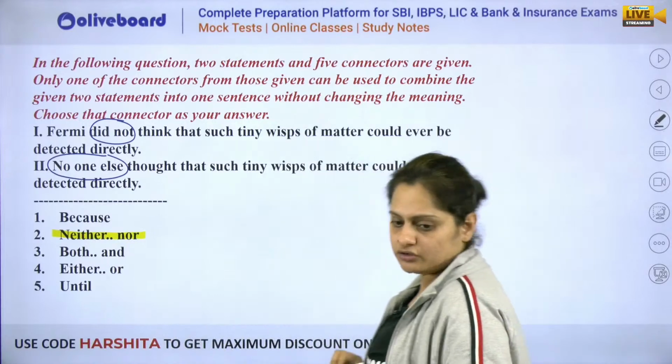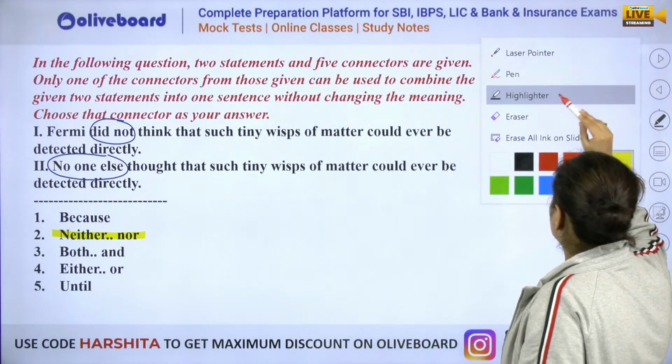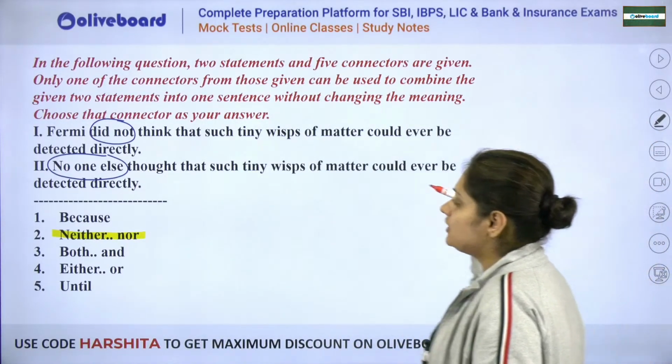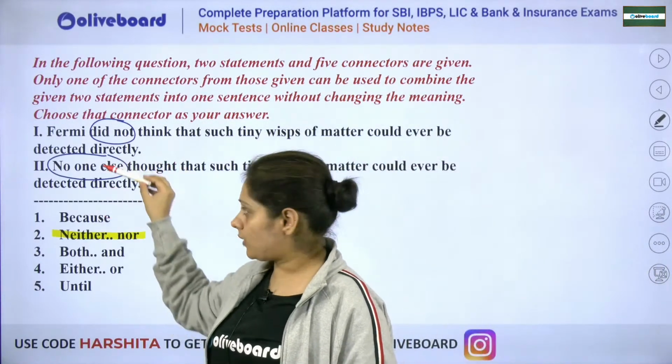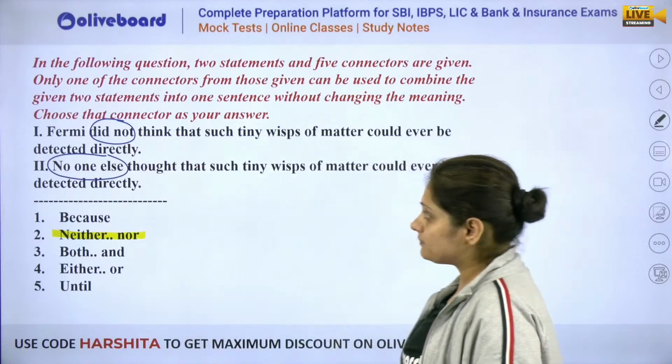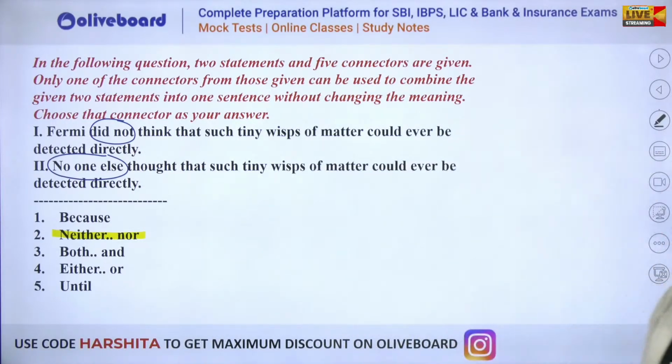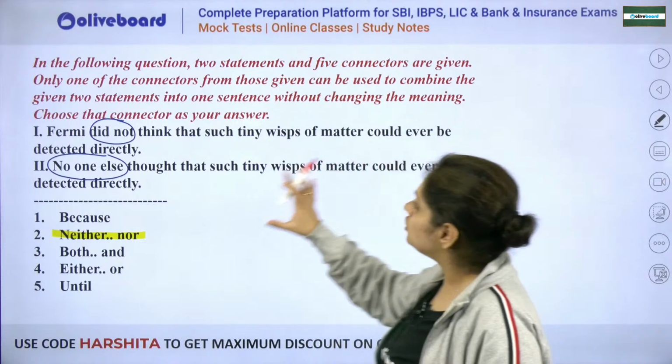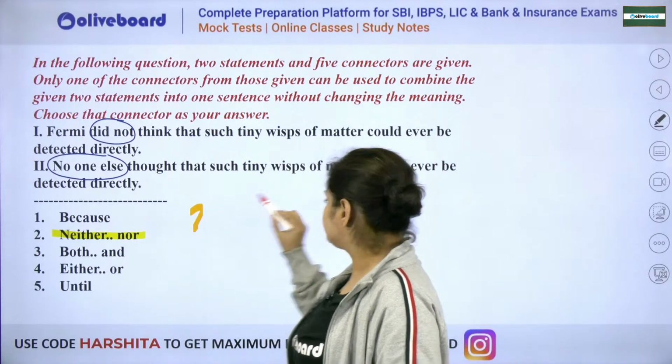Neither nor. When do you use neither nor as correlative conjunction? When you are giving two options or two things, but both in the negative context. So neither Fermi think that such tiny wisp of matter could ever be detected directly, nor anyone else, right? Nor anyone else. So you can just write neither Fermi nor anyone else think.